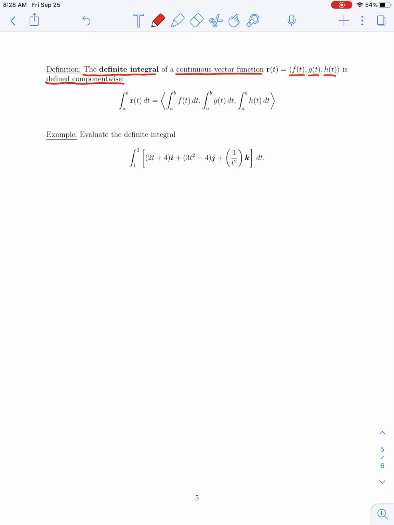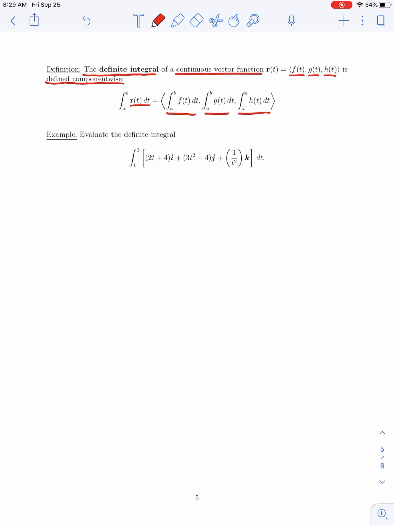So that is the definite integral from a to b of some vector function r of t with respect to t is the vector whose components are the definite integrals of the component functions f, g, and h of t over that same interval from t equals a to b.